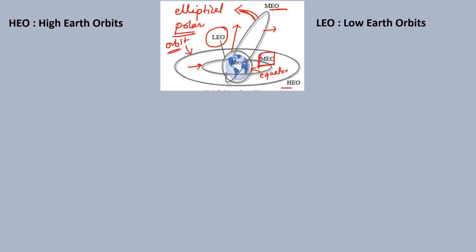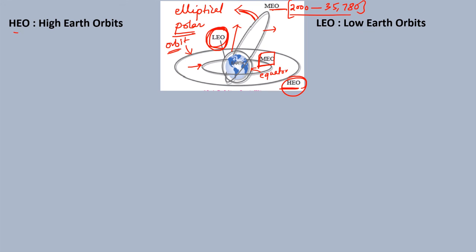Now, here we have to find out the difference between high Earth orbits and low Earth orbits. The medium Earth orbit which I was talking about is between HEO and LEO, and the distance is also in between, between 2000 kilometers and 35,780 kilometers. So now let us start with high Earth orbits and low Earth orbits.